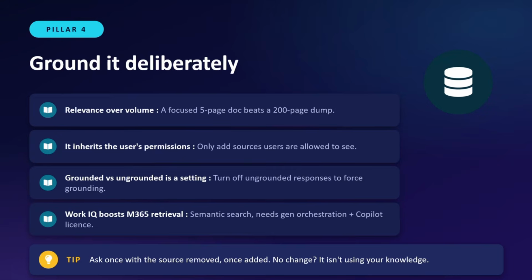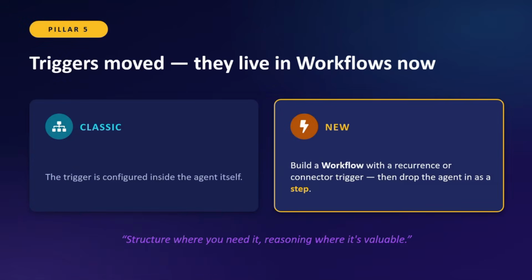Cool. I'm going to do just two more slides and then we'll jump into a demo. As I've mentioned, one of the other pillars is a trigger on when something gets triggered, but with the new experience in Copilot Studio, triggers are no longer available. They've moved into this new workflow experience, which I'll also show you in a bit.